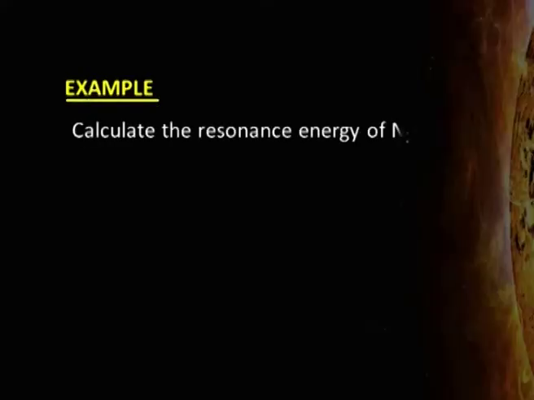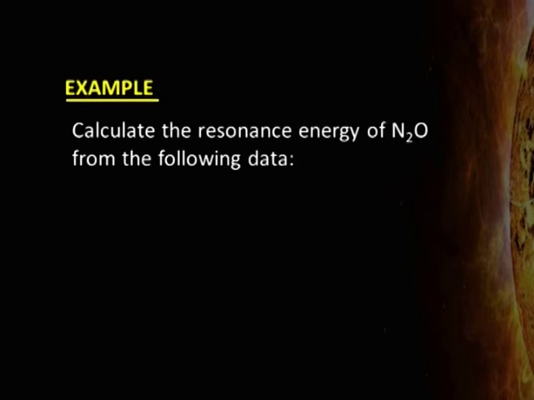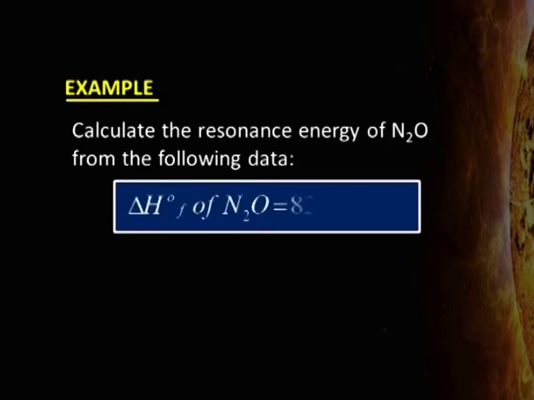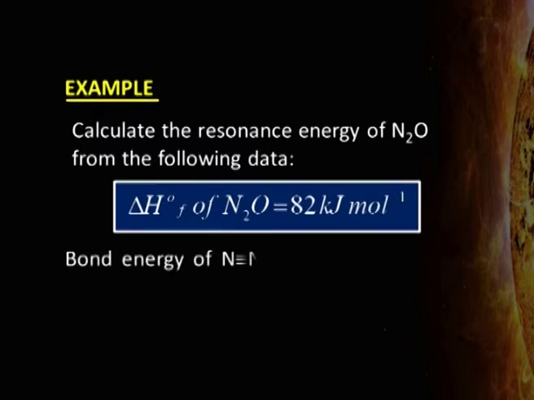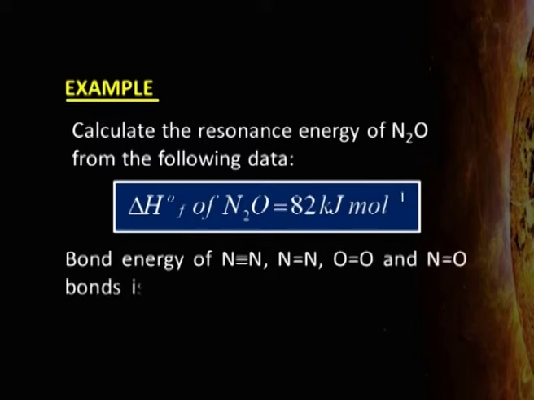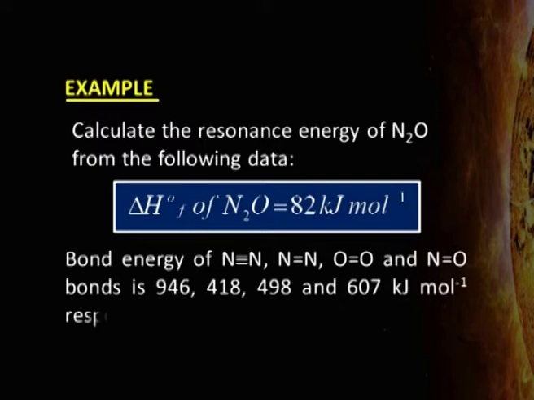Calculate the resonance energy of N2O from the following data. Delta H naught formation of N2O is equal to 82 kilojoules per mole. The bond energies of nitrogen triple bond nitrogen, nitrogen double bond nitrogen, oxygen double bond oxygen and nitrogen double bond oxygen are 946, 418, 498 and 607 kilojoules per mole respectively.